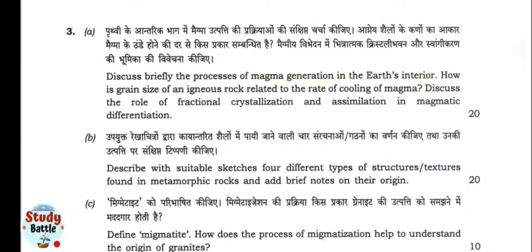Question number 3 deals with a little bit of geochemistry, I think. No, it's igneous petrology. Discuss briefly the process of magma generation in the Earth's interior, meaning how the process of magma generation takes place. In brief you have to discuss, because it's a long process.